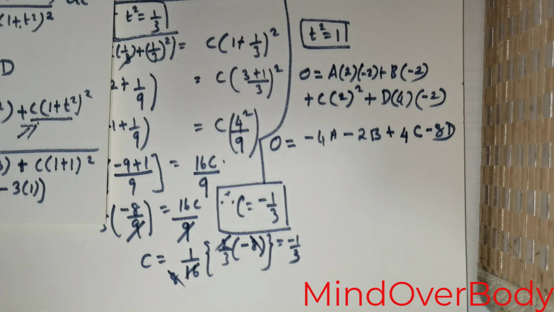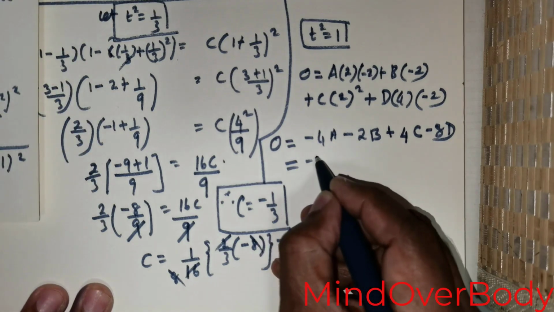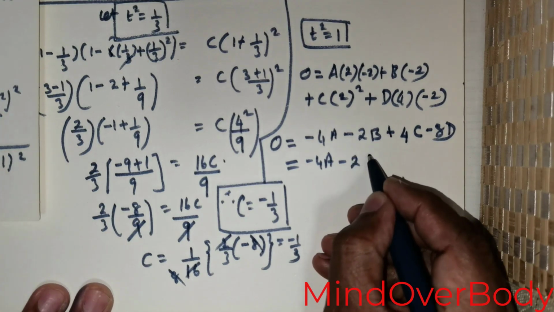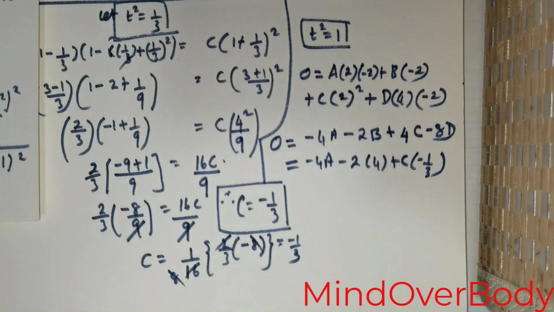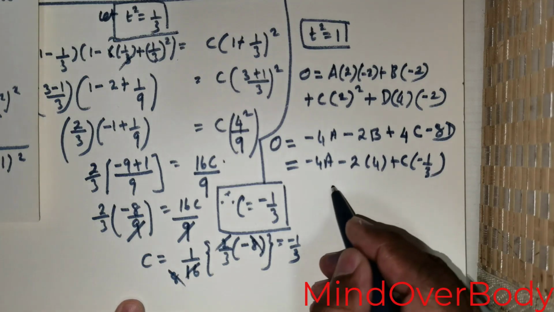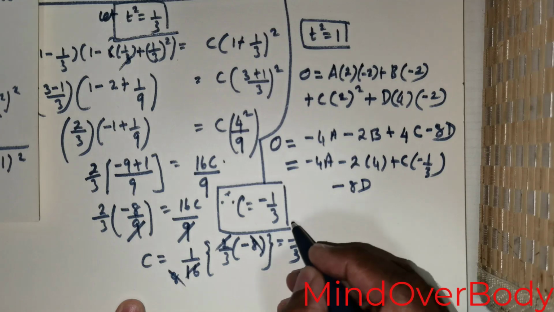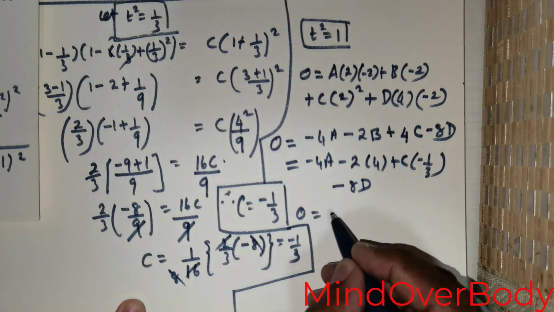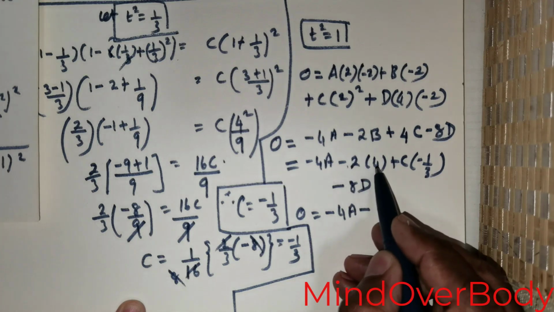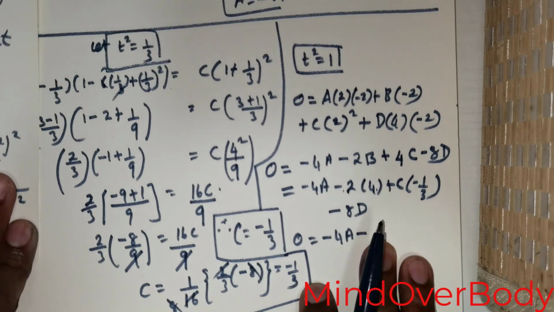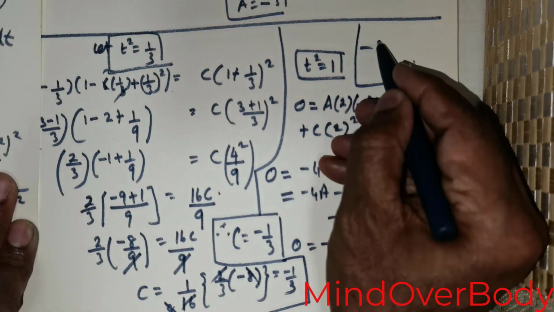Now let us substitute the values that we've got. We've already got the value for b is 4, the value for c is negative 1 over 3. These are the two values we've got. Followed by negative 8 times d. So let me write that down. This is 0 is equal to negative 4 times a, negative 2 times 4 is going to give me negative 8.